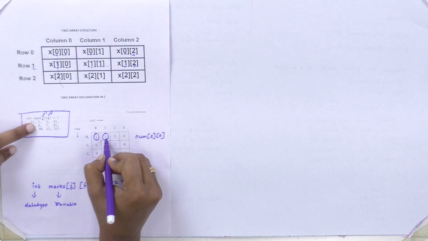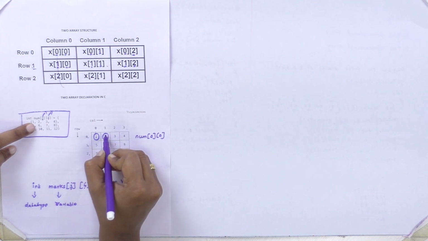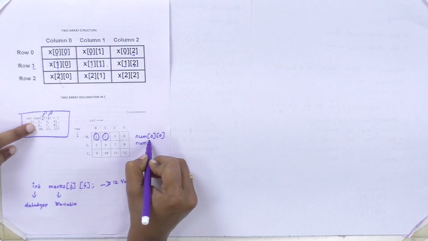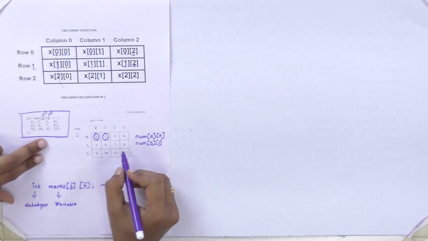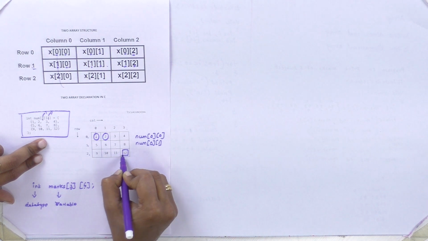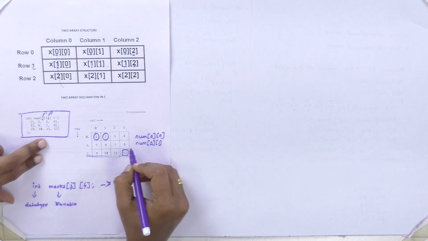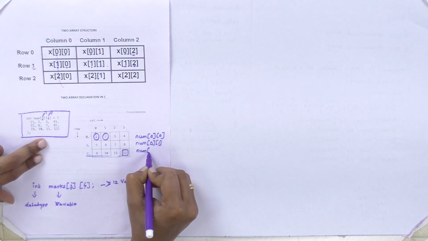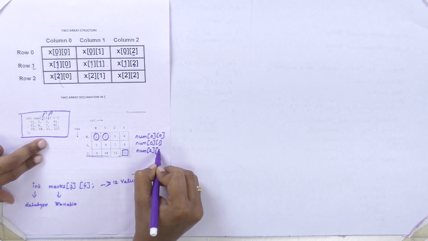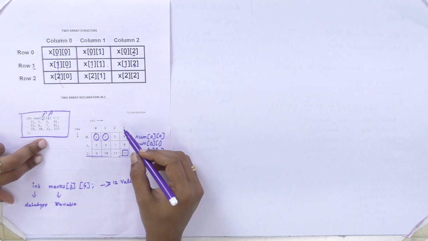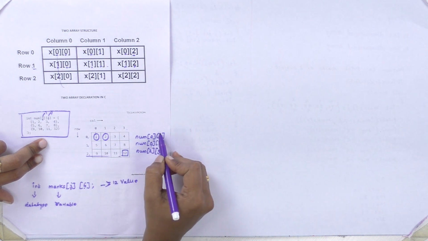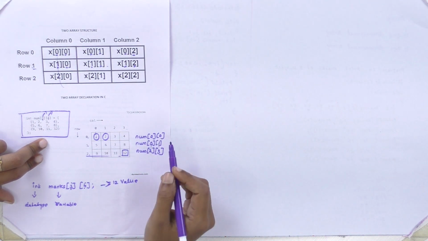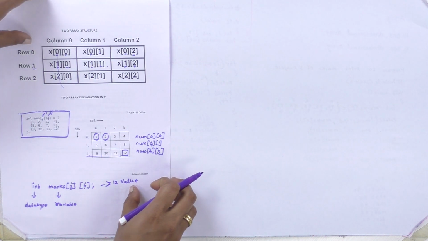If you want to access 2, it is 0th row, first column, so num of 0, 1. If you want to access 12, it is second row, third column, so num of 2, 3. Likewise, you can access the values by using a row index and column index. So let me see the program for this.